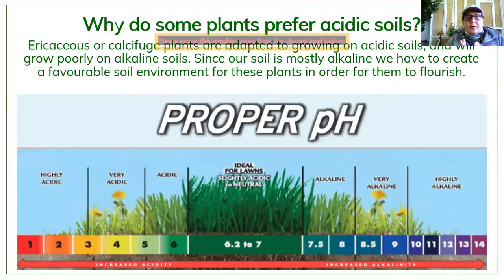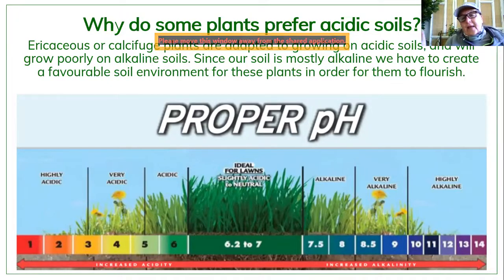Most plants actually prefer a neutral pH between 6.2 and 7, and they will also grow in slightly acidic soil, and then you get your plants that need a very acidic soil to grow in.